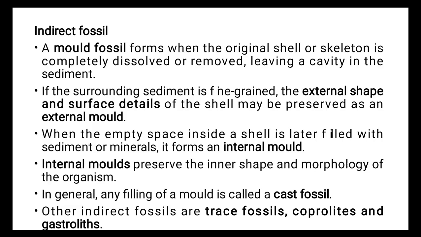Like this, the mold will be the cavity of the fossil. If the surrounding sediment is fine grained, the external shape and surface details of the shell may be preserved as an external mold. So one is the external mold and another is the internal mold. There are two kinds of molds.